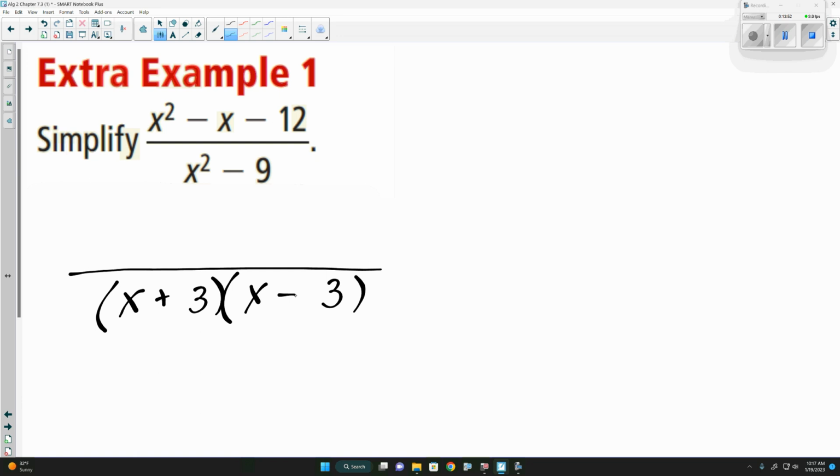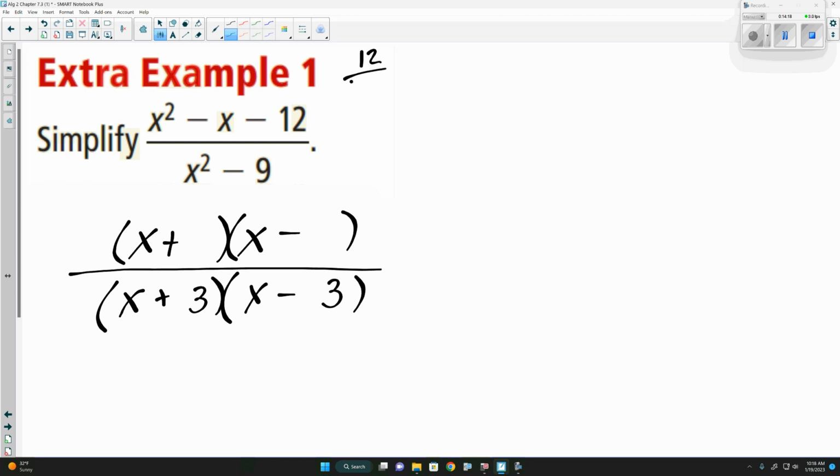It's not that bad. The numerator x squared minus x minus 12, there is no greatest common factor. So we do 2 sets of parentheses. Since the third term is negative, our signs are opposite. One's positive, one's negative. Factors of x squared are x and x.